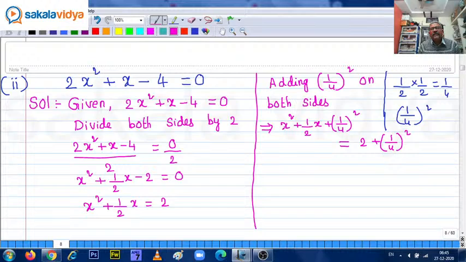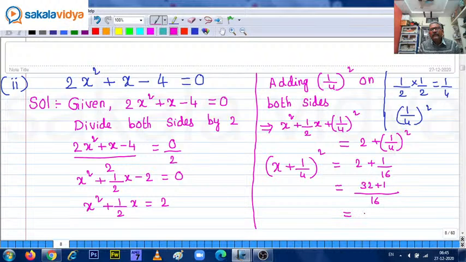So this is nothing but a square plus 2ab plus b square, a plus b whole square, x plus 1 upon 4 whole square, you will get it. This equals to 2 plus 1 by 4 square is 16. This will be 16, 16 into 2, 32 plus 1. This will be 33 upon 16.